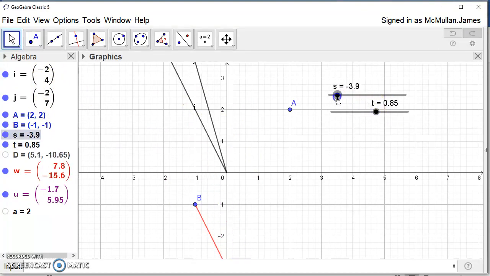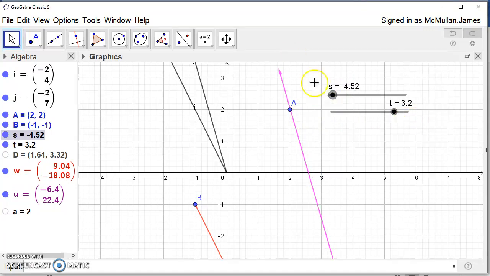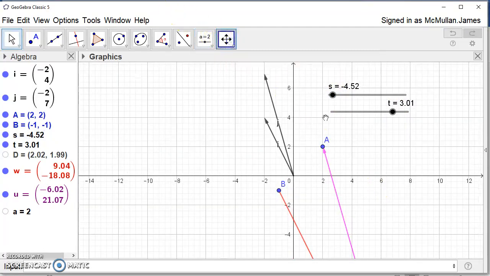I need to send it way down into the negative and then bring it back up into the positive. But even this really weird pairing of vectors still works as a way of getting from A to B. And this is quite bizarre.